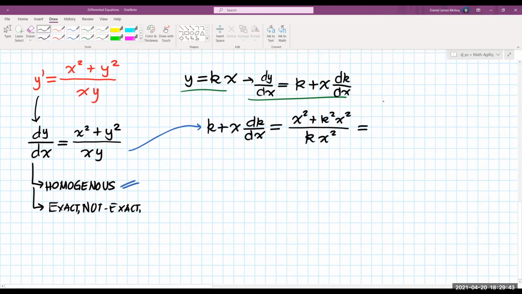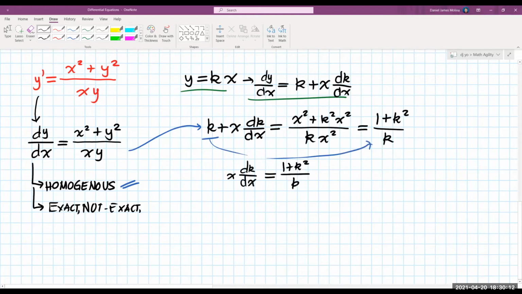Okay, so simplifying our right hand side, we have here 1 plus k squared over k. So we can transpose. So we have 1 plus k squared over k minus k.